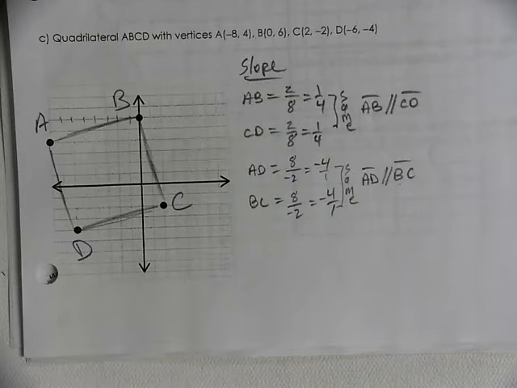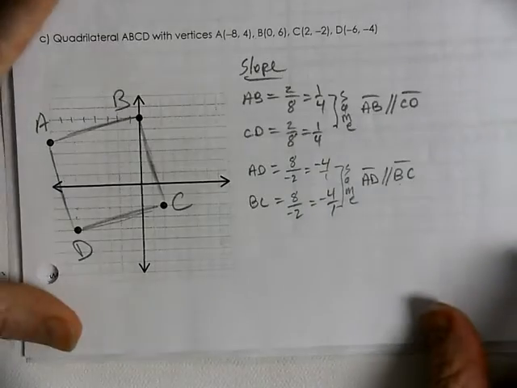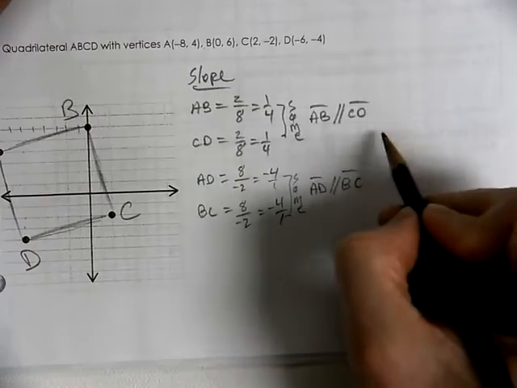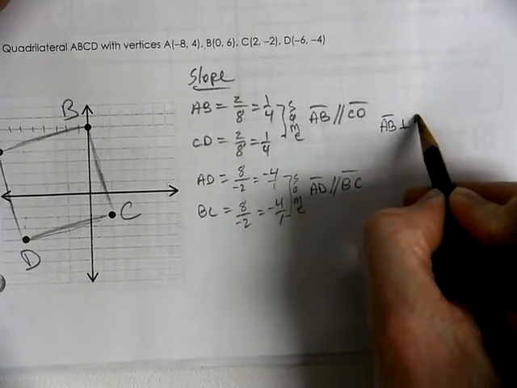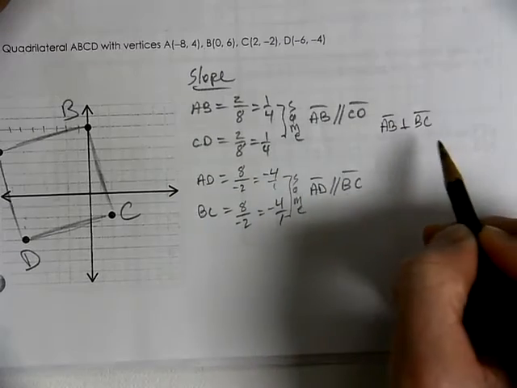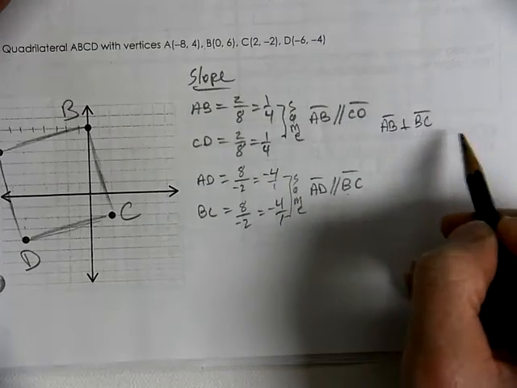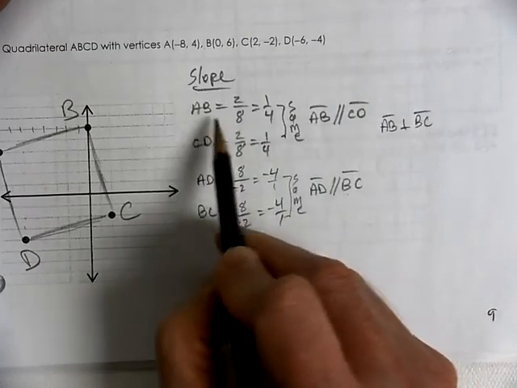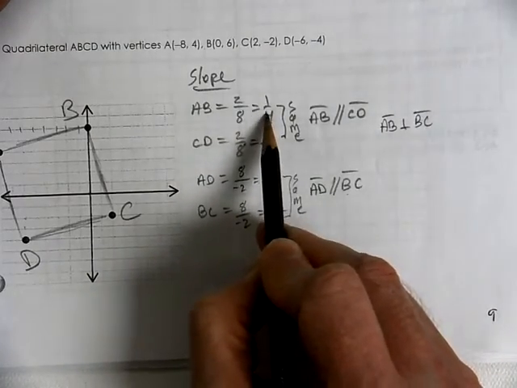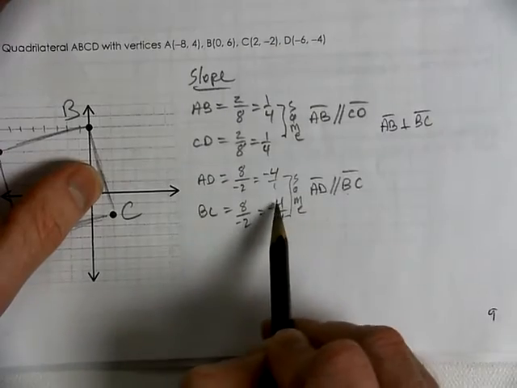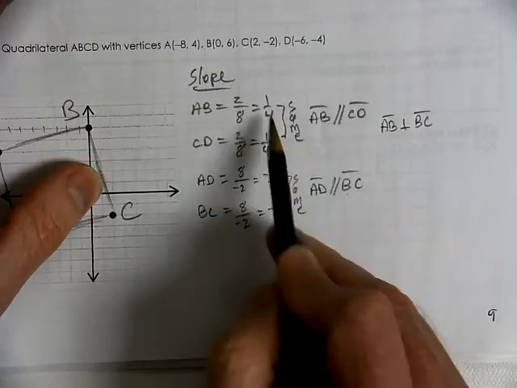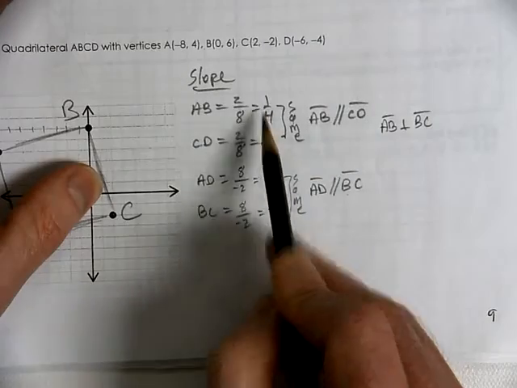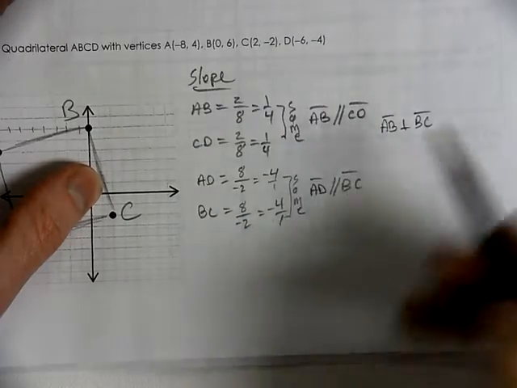I have two sets of parallel sides. And I have opposite reciprocals. AB is perpendicular to BC. I know that because AB is 1 over 4 and BC was negative 4 over 1. They are opposite reciprocals. Flip the fraction and change the sign of the fraction.